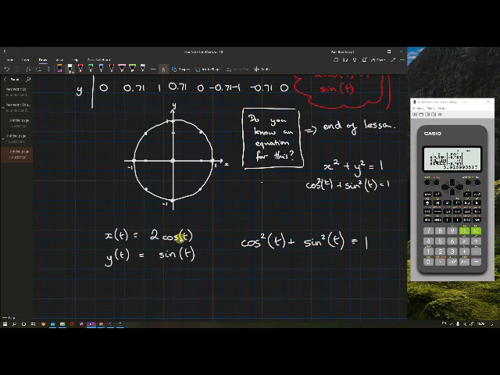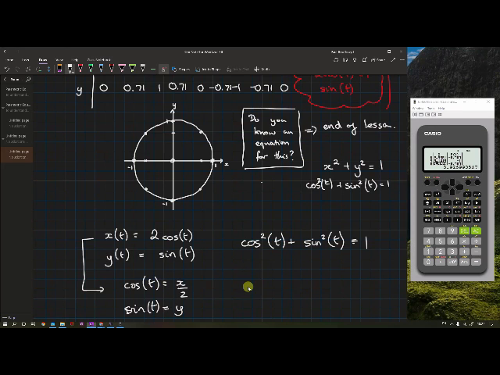So I need the cos squared to be written in a form to go in there. So if we take that equation, cos t is x of t, or x, my x coordinate, over 2. Y of t, sine of t, is directly my y function.